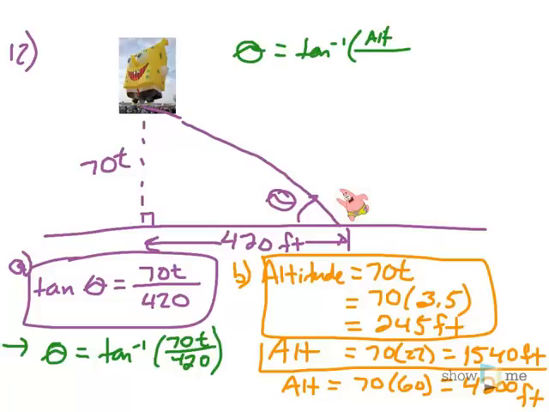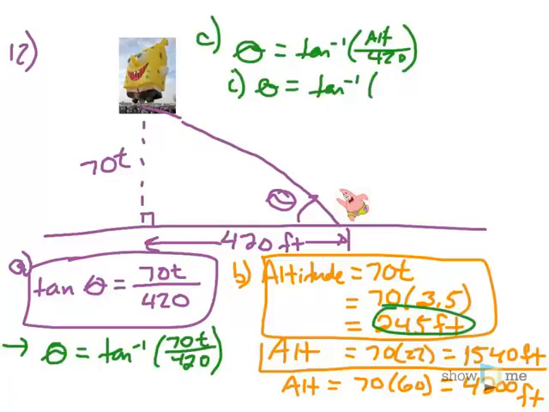Part C. So the first part of C, let's call this C I. We would take theta is equal to tangent inverse of 245 divided by 420.